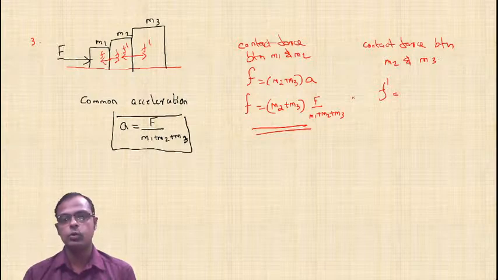Just 1 minute, I'll be holding. F dash is the force acting on M3 by M2. So this F dash makes which body accelerate?